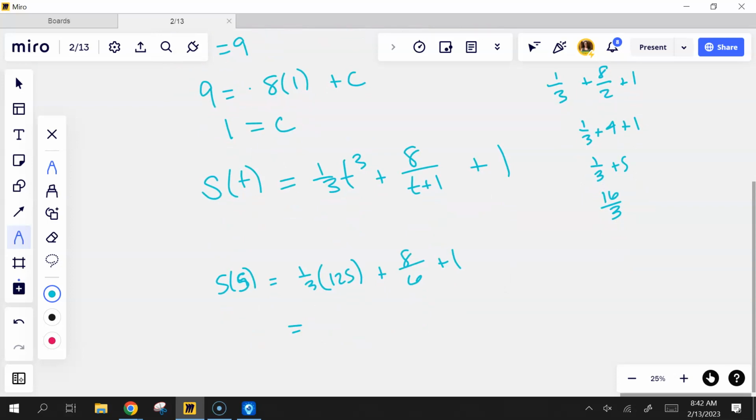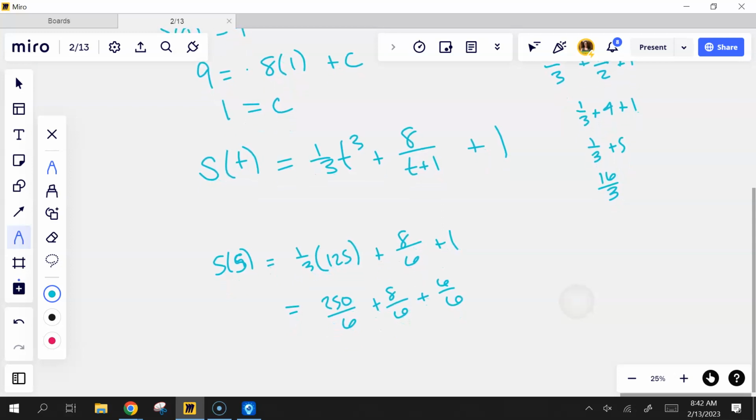So 250 over 6 plus 8 over 6 plus 4/3. Yep. I just cut it in half twice. Okay.